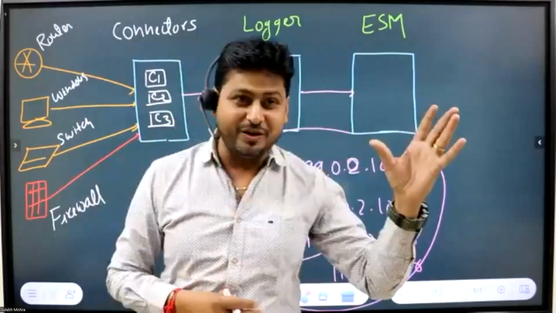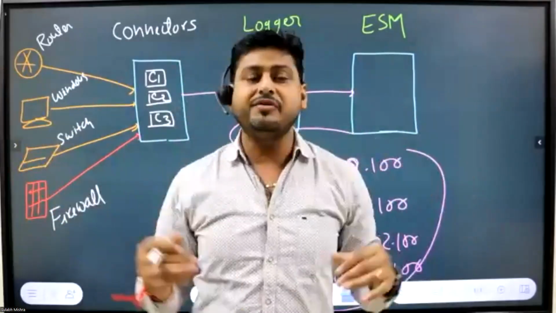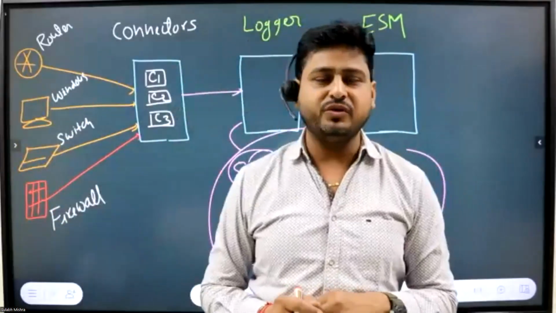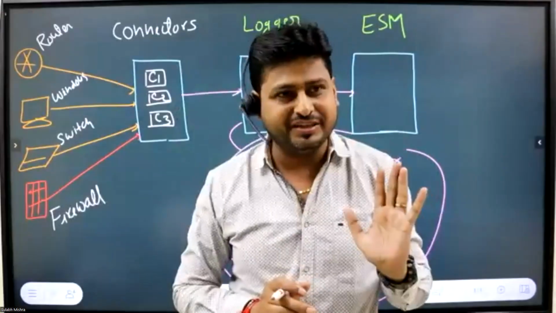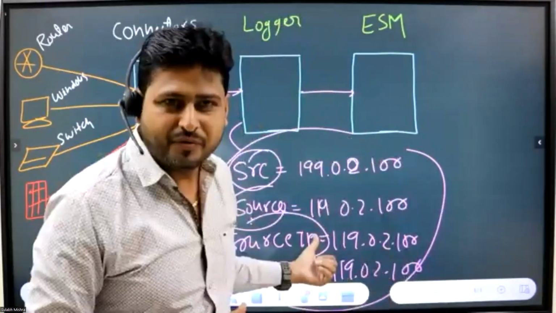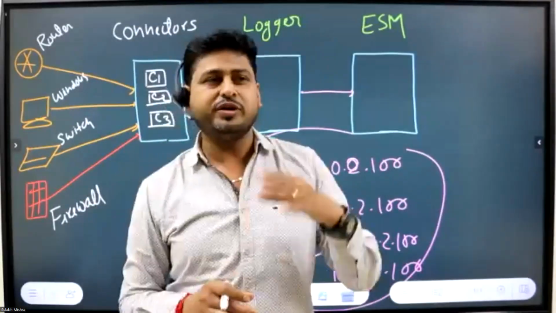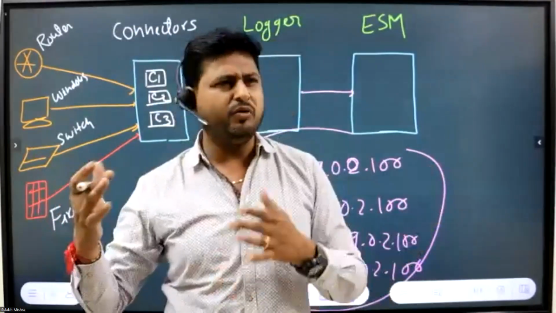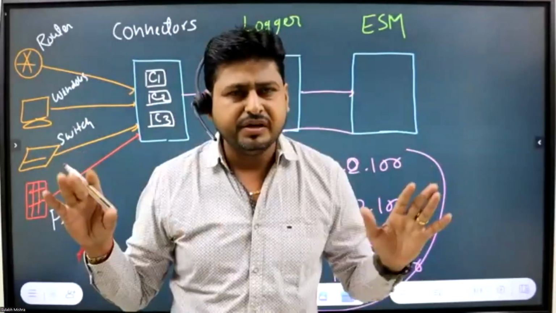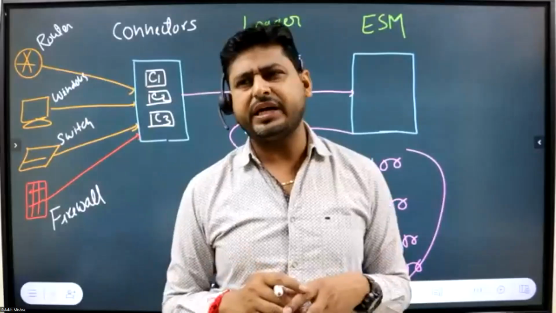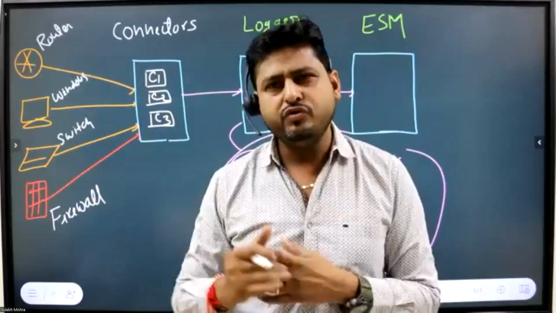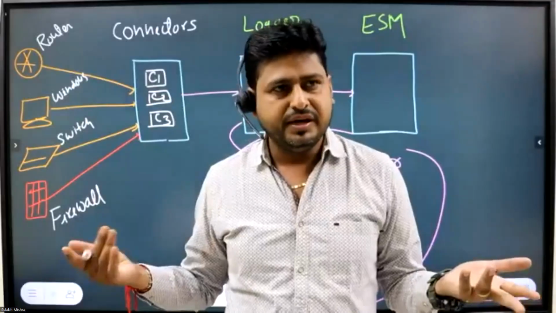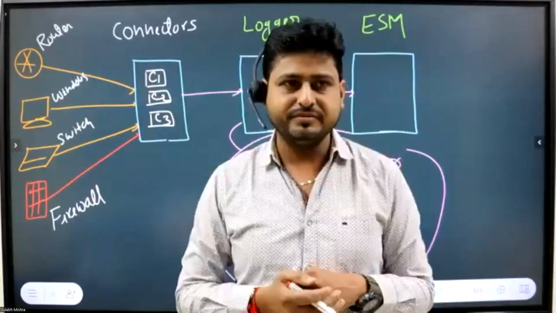Sometimes you also need destination, device, and so many other fields. Every device records logs in almost 30 to 35 fields: source IP, destination IP, source port, destination port, bytes in, bytes out, device, and more. If every device records activity in a different field set, you will not be able to remember, and searching will be very, very difficult.